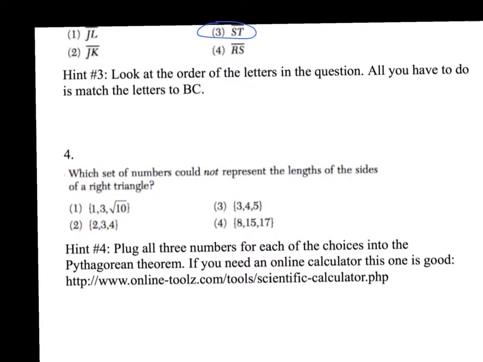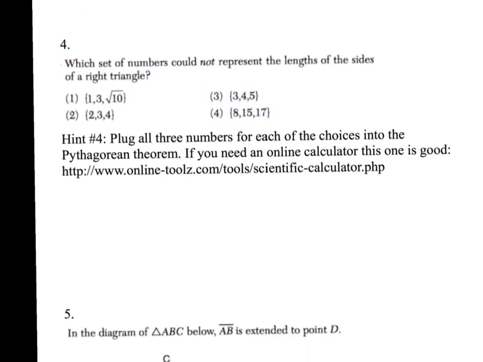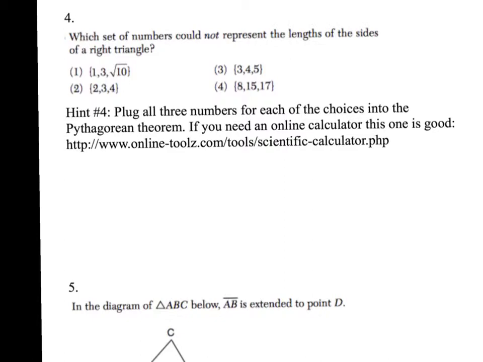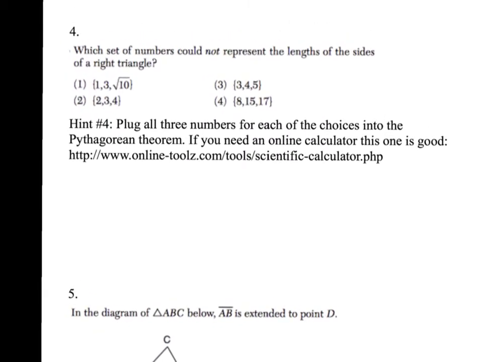Alright, for number 4, we were looking for the one that is not a right triangle. Well, if it's a right triangle, the numbers will work in the Pythagorean theorem.